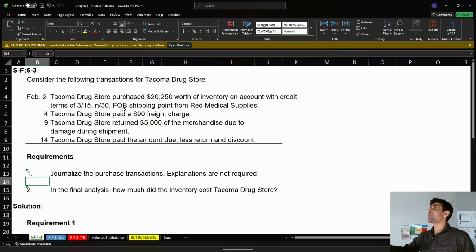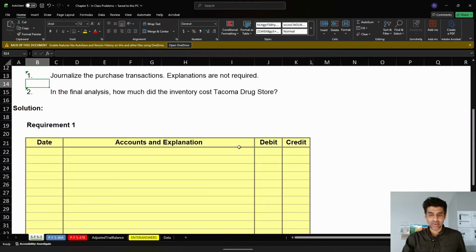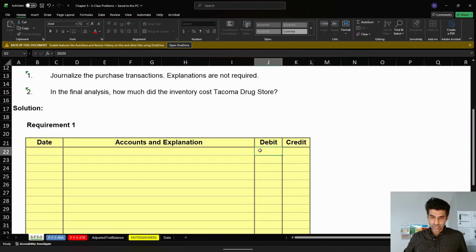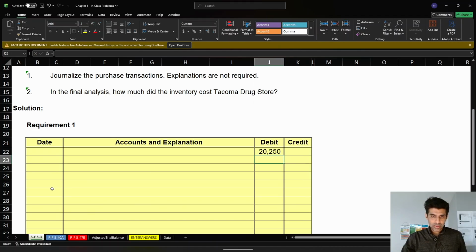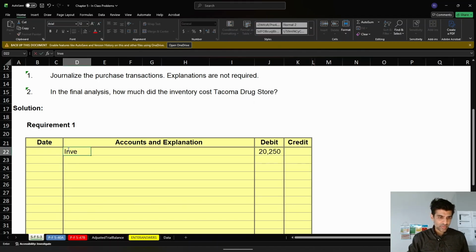So this asset is going to increase. When an asset increases, is that a debit or a credit? Debit. Okay, good. So 20,250 is going to be our debit to inventory. And our credit is going to also be 20,250.